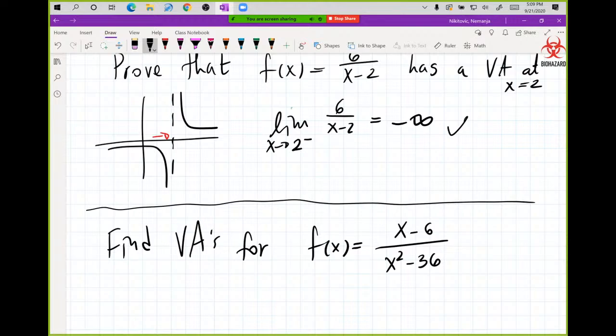Well, what are the quote-unquote bad points? Those are when you set the denominator equal to 0. So x squared minus 36 equals 0. x squared equals 36. x equals plus or minus 6. When you take the square root of both sides, you have to have plus or minus.